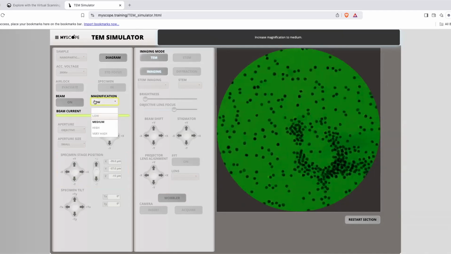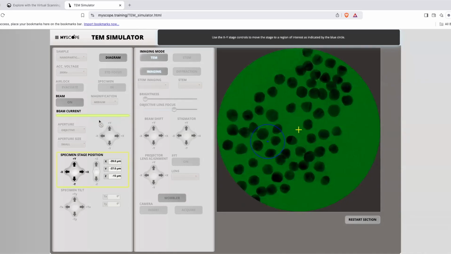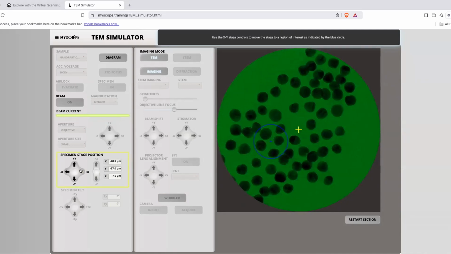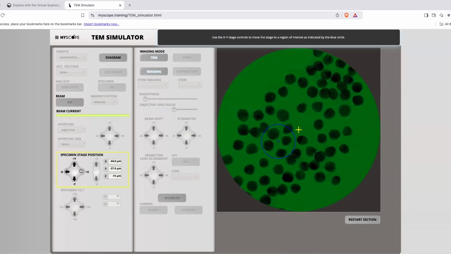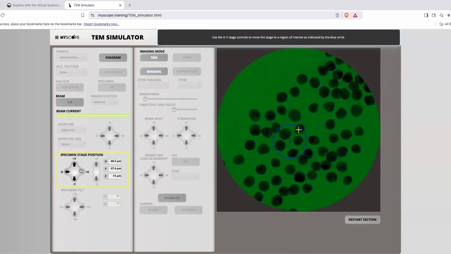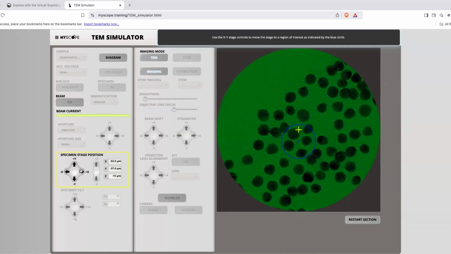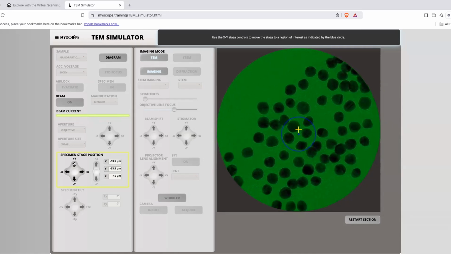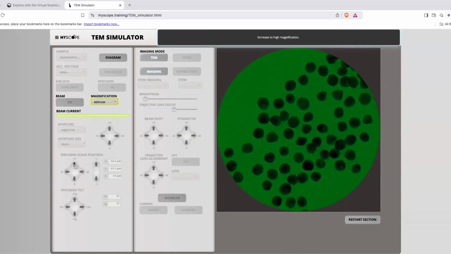Yes. Now you have a small area, we can go to a bit higher magnification. And again, bring it to the center. Okay.